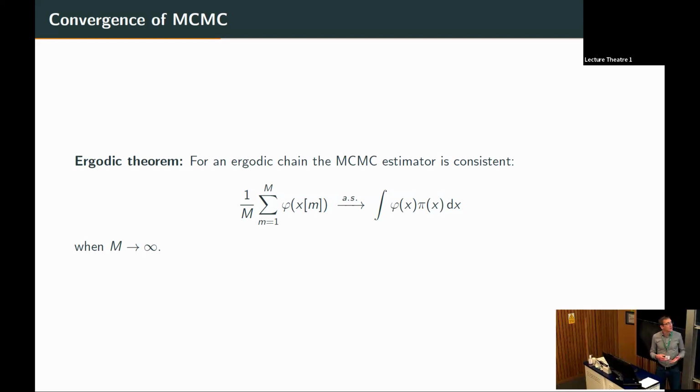First and foremost, if we have a Markov chain that satisfies these requirements, it can be shown that sample averages, if we average some function phi evaluated at the states of this chain, and do a temporal averaging over the states of the chain, will converge towards the true expected value that we're interested in estimating. So this is how we would actually use the output from the MCMC algorithm for estimating these expected values.